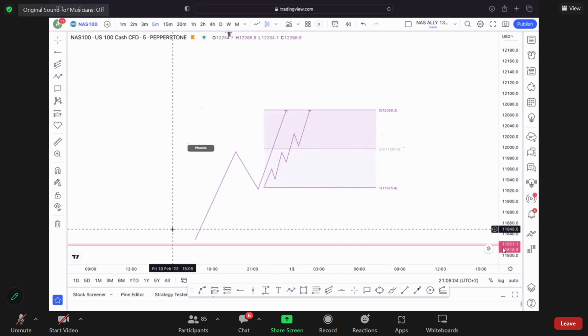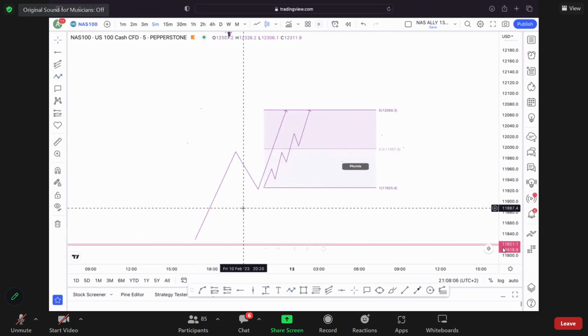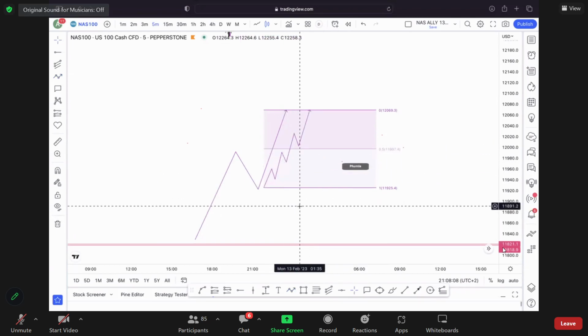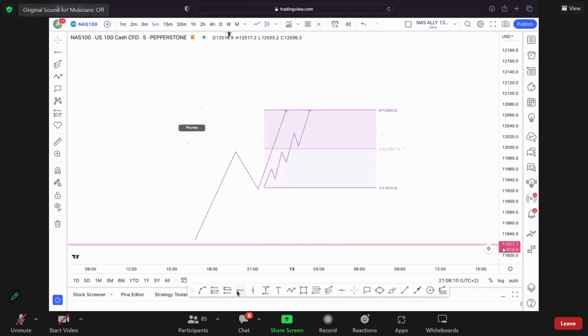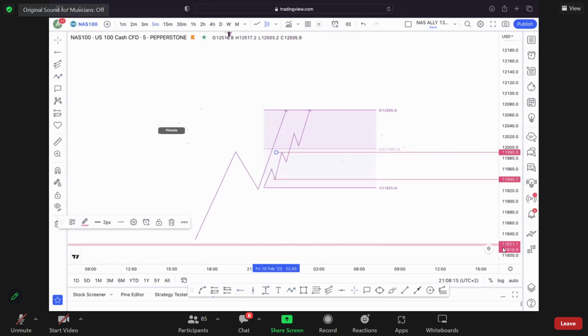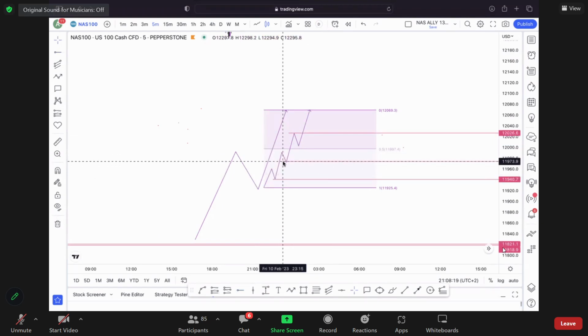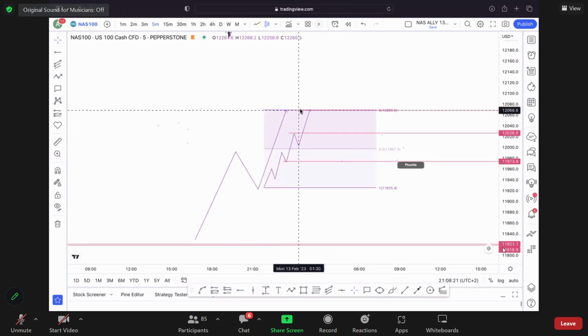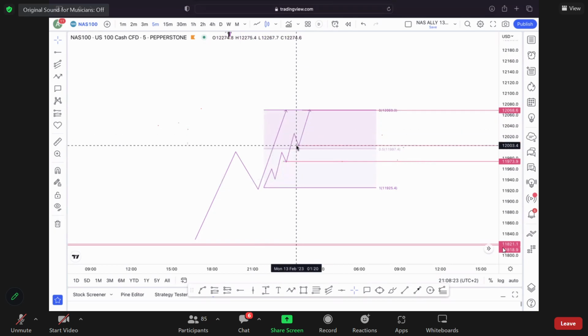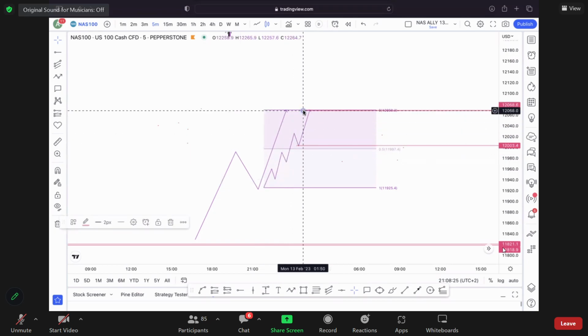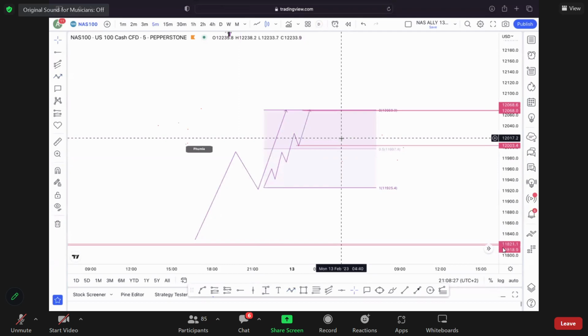So that is our fractal structure, our little fractal trading ranges that the market makes. It breaks structure, it makes a new low and a high. It breaks structure, it makes a new low and a new high. That is our fractal range.